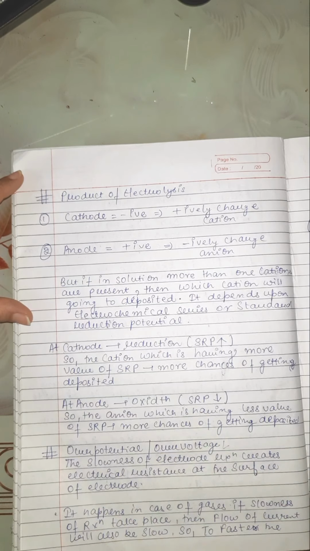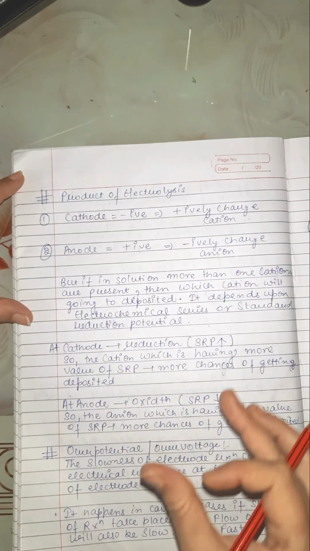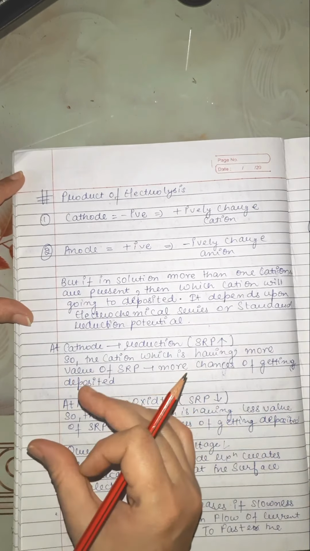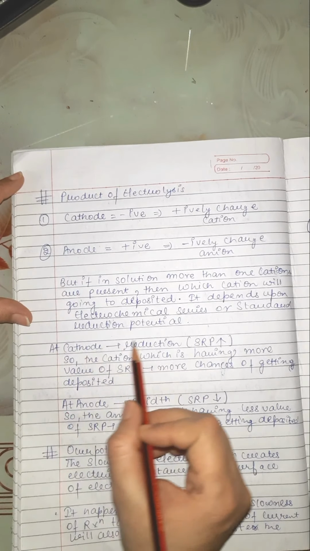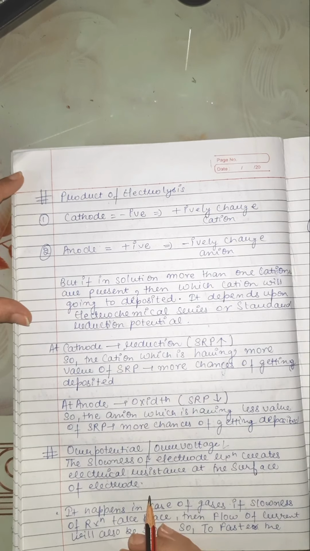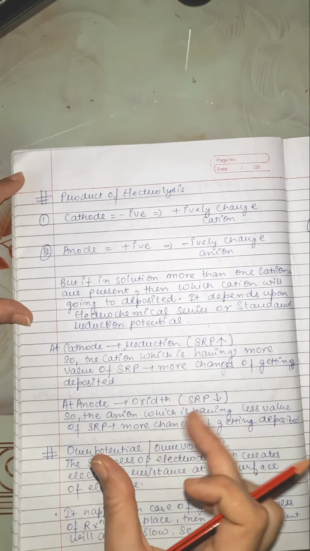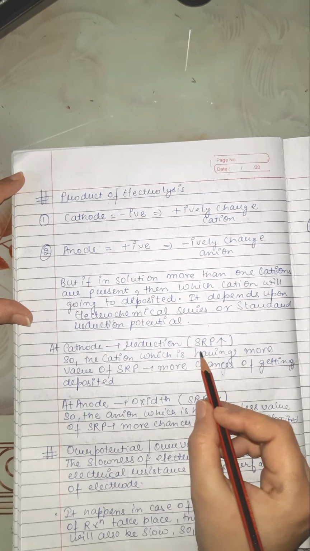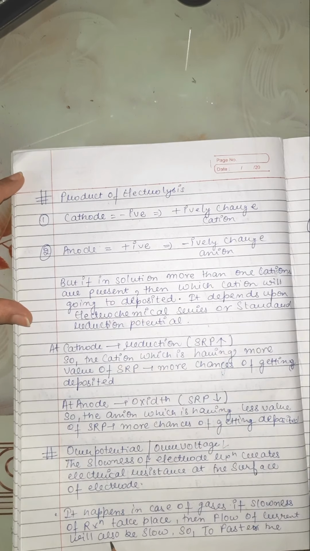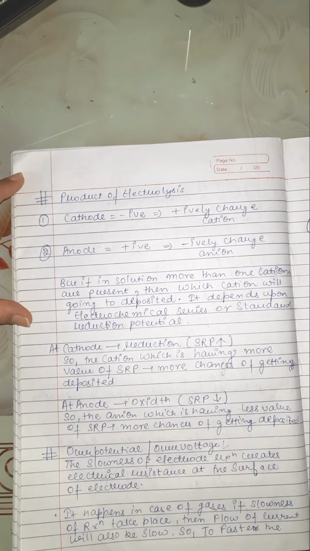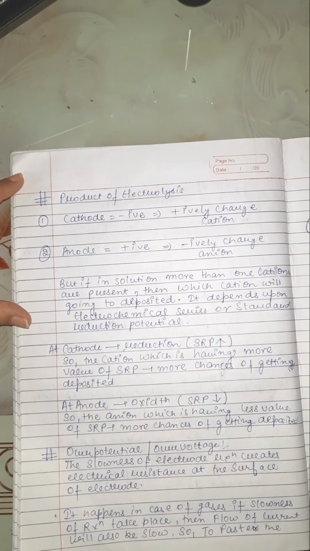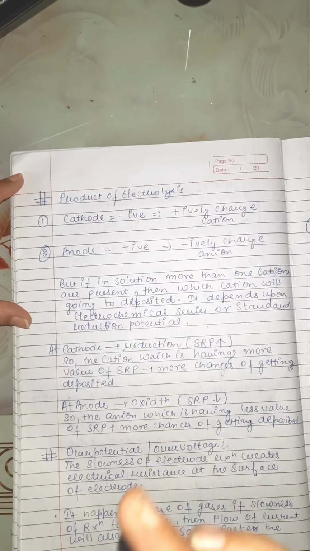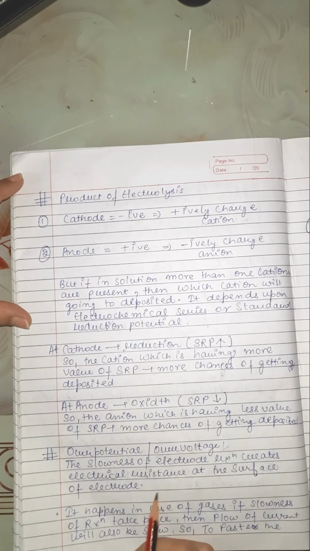It depends upon the electrochemical series or standard reduction potential. At the cathode reduction takes place, so the cation having a higher value of standard reduction potential has more chance of getting deposited.